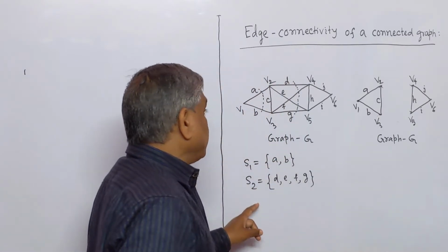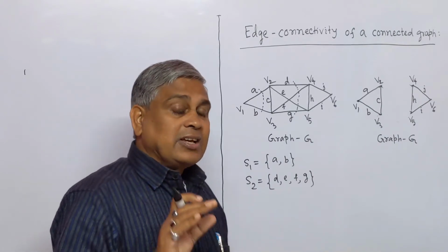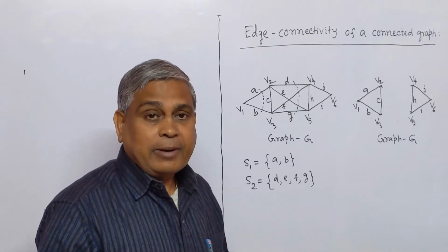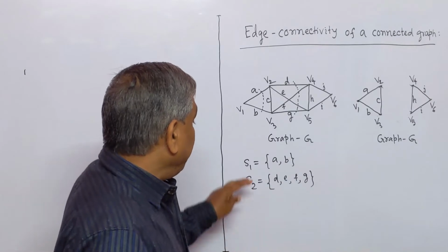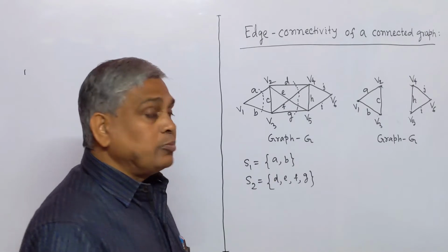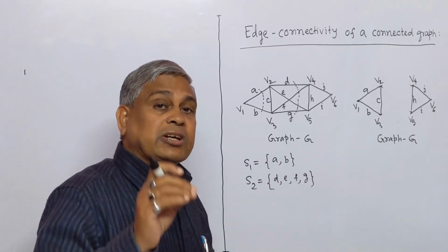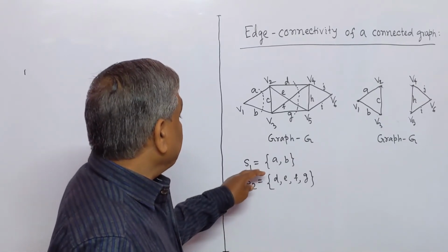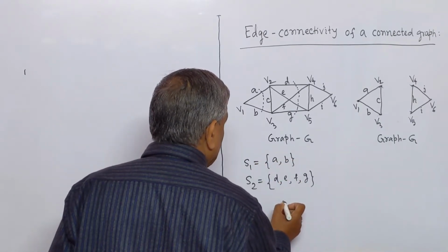So in this way we may get different cut sets such that they will disconnect the graph into two components. Among these cut sets, we have to take the smallest cut set, means the cut set which contains minimum number of edges. Here the cut set contains minimum number of edges be 2.